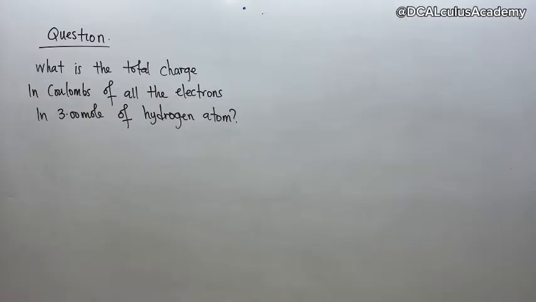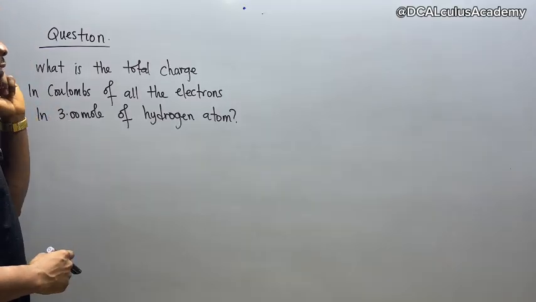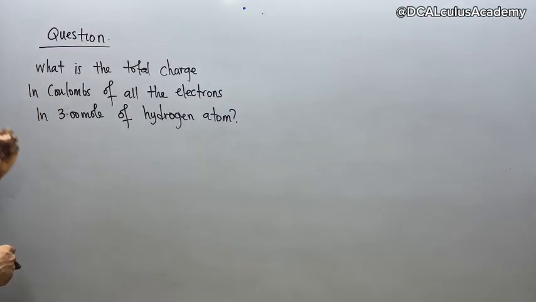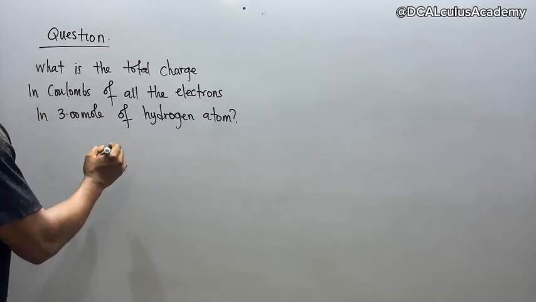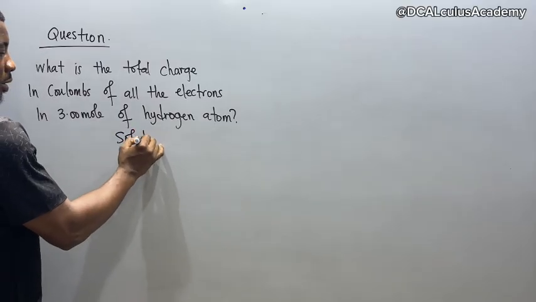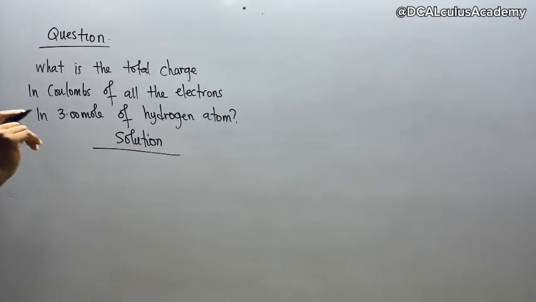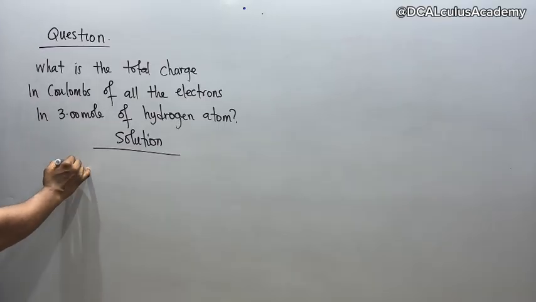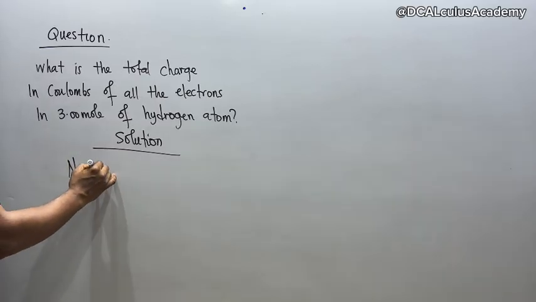All right, this question says, what is the total charge in coulombs of the electrons in 3 moles of hydrogen atom? So what we need to do first of all is to look for the number of electrons of hydrogen atom.